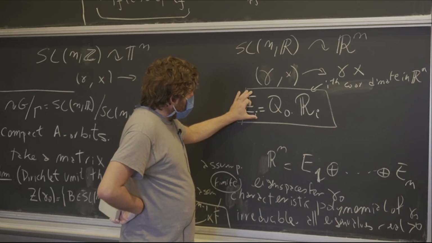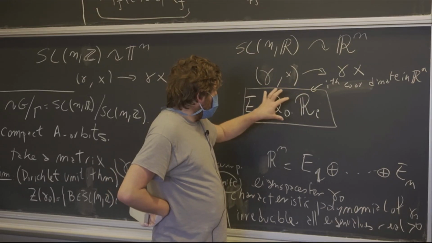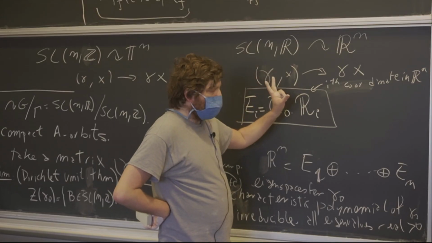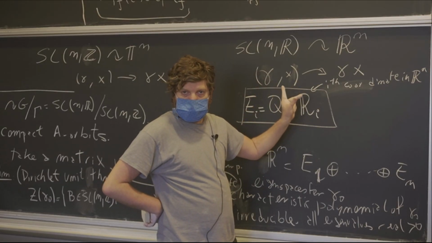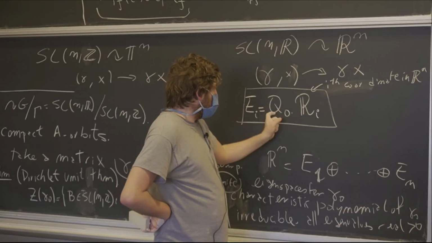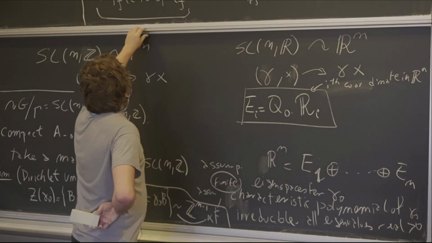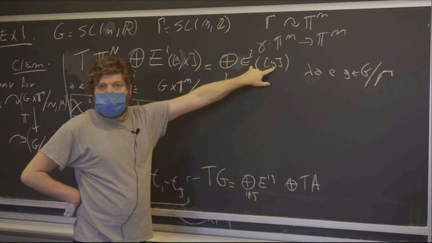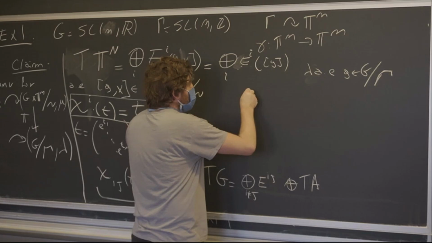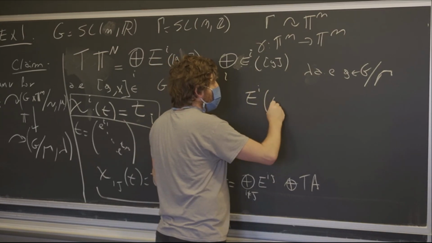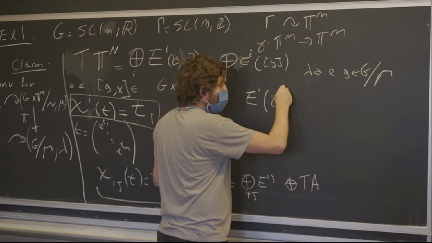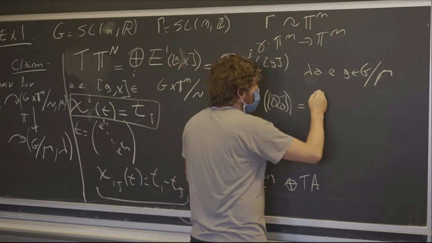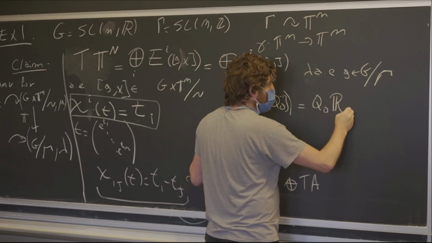So why is this so important? Because this allows me to relate how the Lyapunov exponents and how the splitting is in the standard R^n versus what happens over the Q naught. So when we go back here, remember I told you this E_i depends on the G, and in this particular case of E_i of this Q naught inverse, what we are actually getting is that this is Q naught of R_i.